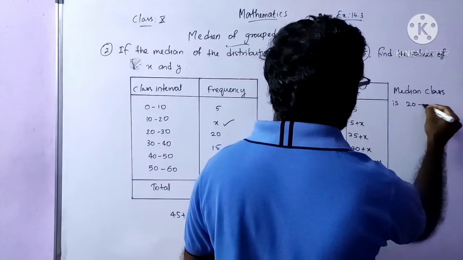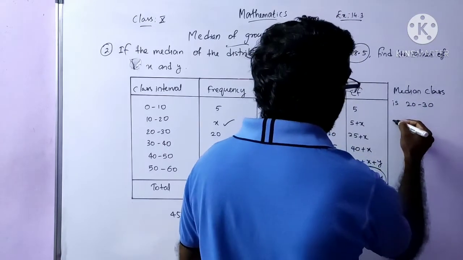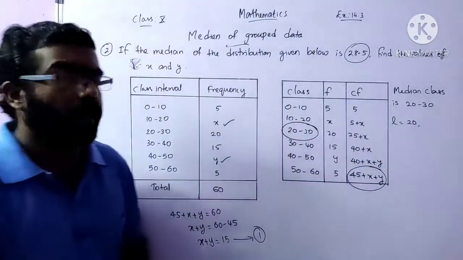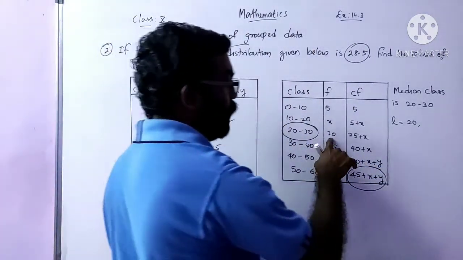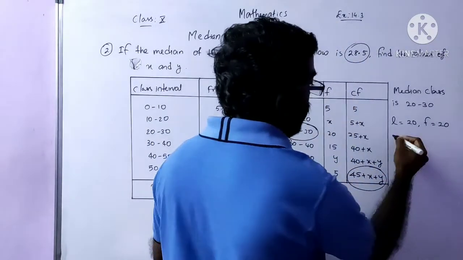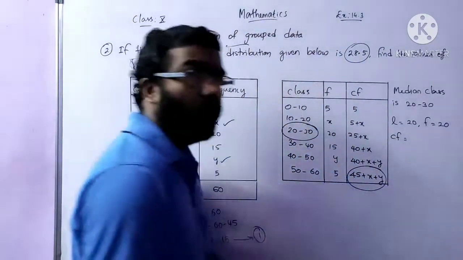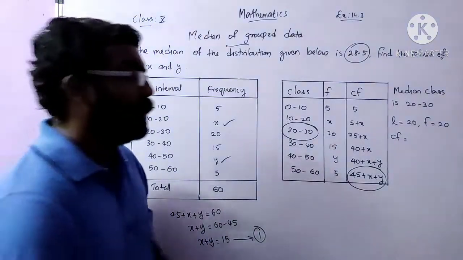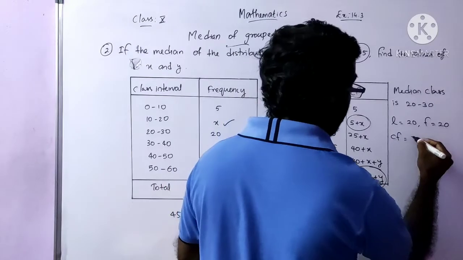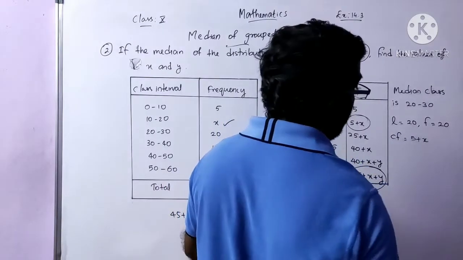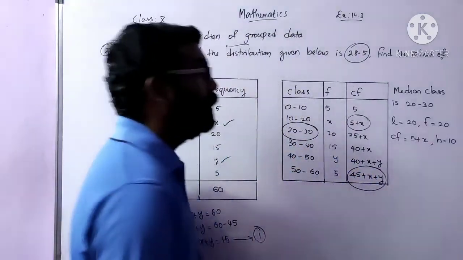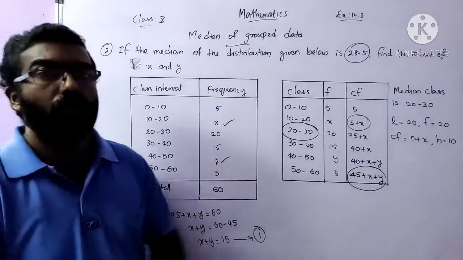From this we can write L is equal to 20, the lower limit of the median class. Then the corresponding frequency is 20, so f is equal to 20. CF, the cumulative frequency of the class preceding the median class, is 5 plus x. And h is equal to 10, the class size.